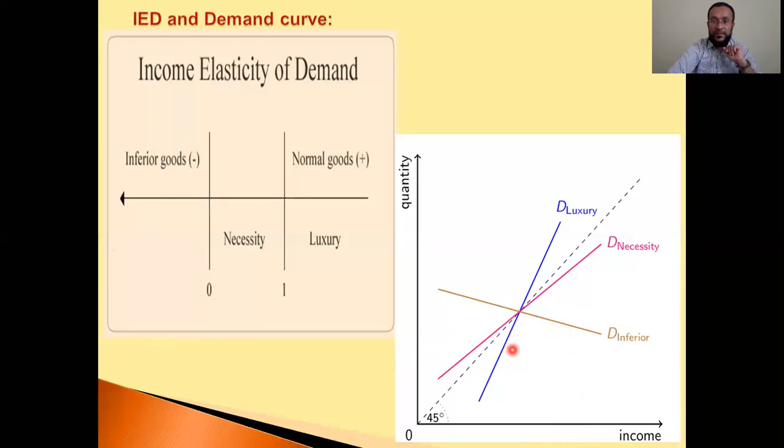And for luxury, see here, this is the income and this is the quantity demanded. If income increases, then quantity demanded will increase. So that is why these two curves are positively sloped. So this is an unusual shape of the demand curve.